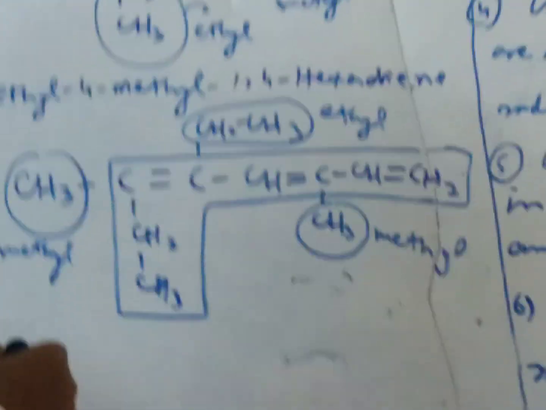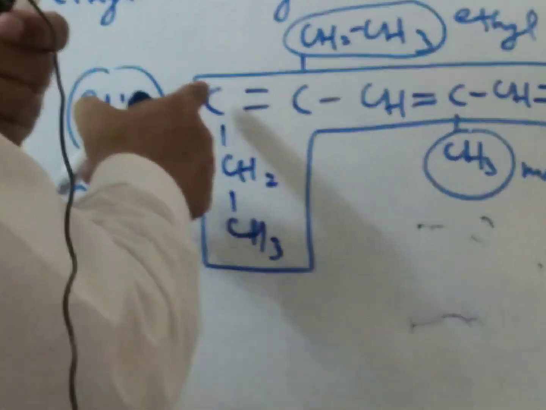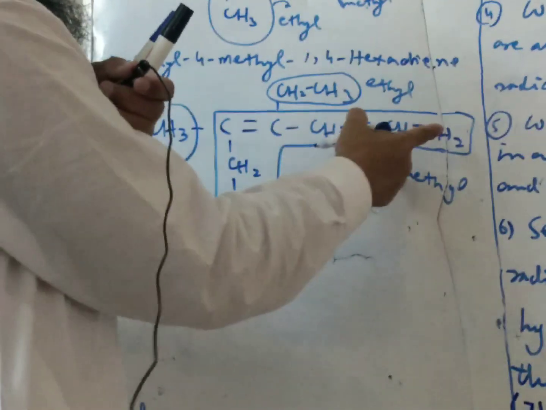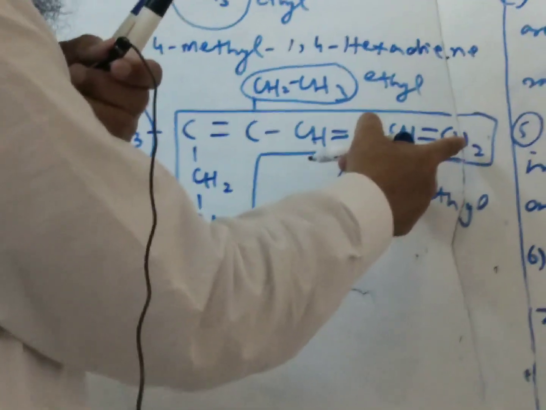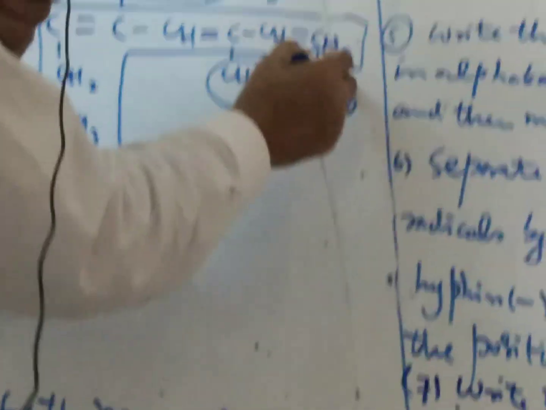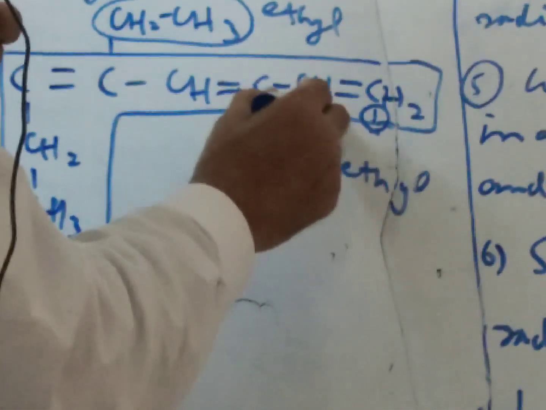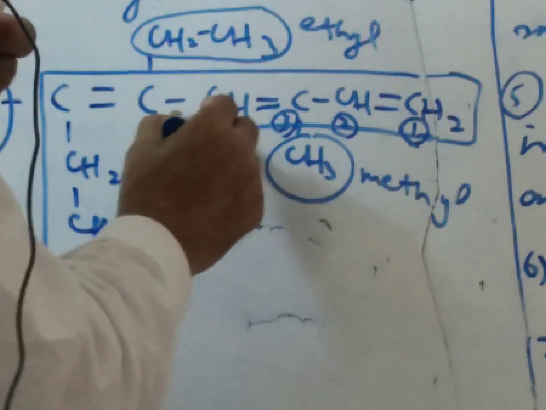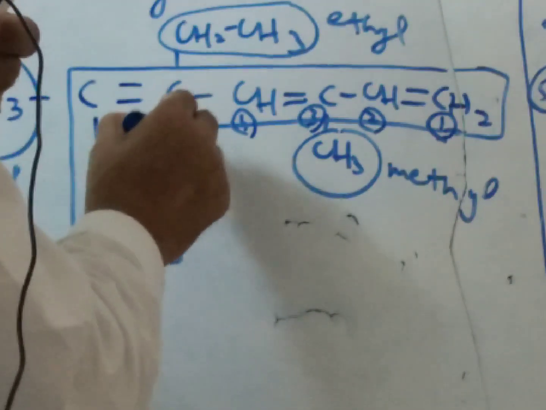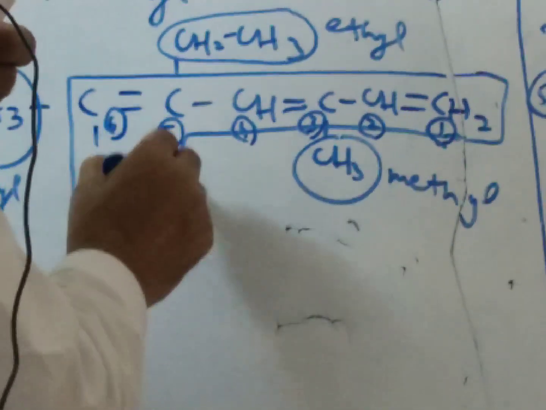So before this we must write the numbering. 1, 2, 3. Double bond comes on the third position. From here it comes at the first position. So we must start from the right side. 1, 2, 3, 4, 5, 6, 7, and this is the 8.